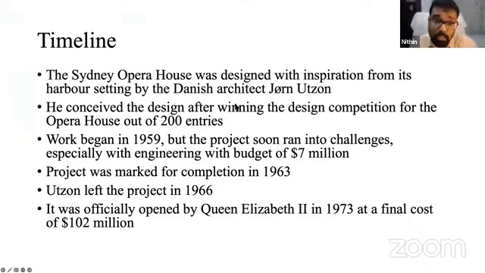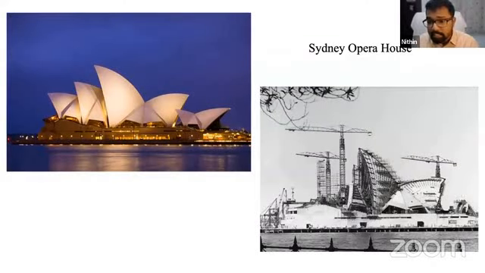He was a Danish architect, and the interesting thing is that when he drew the conceptual graph of the Sydney Opera House, he had no idea of how to build it, how he was going to build the roof or anything of that sort. So he drew a design and sent it, and that got selected.